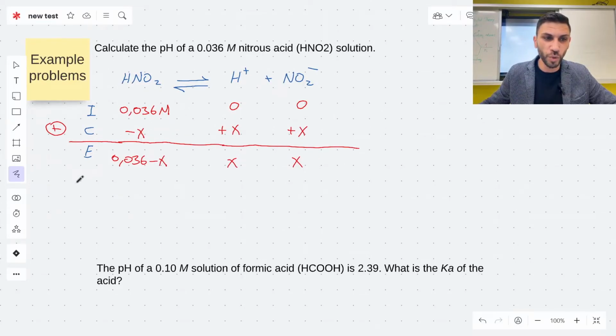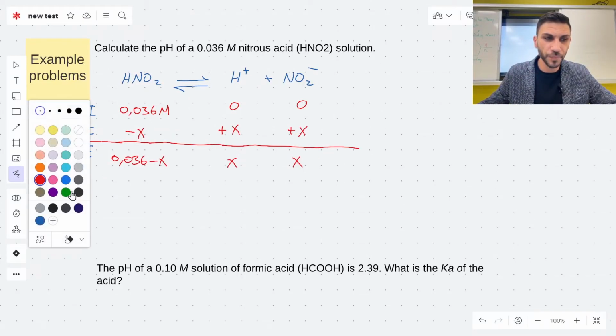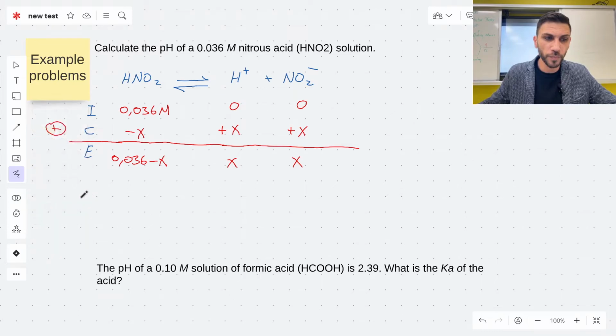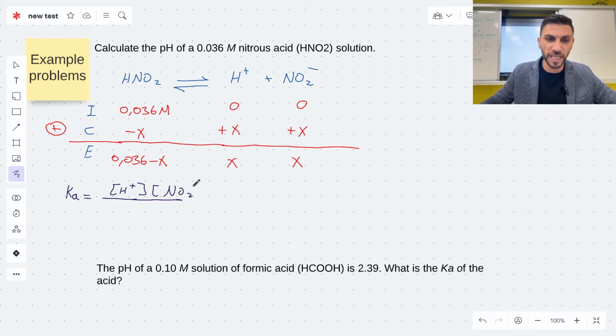Later on, we're going to write Ka for the weak acid, which is HNO2. It equals the concentration of the products divided by the concentration of the reactants, which is H positive multiplied by NO2 negative, divided by the concentration of HNO2.